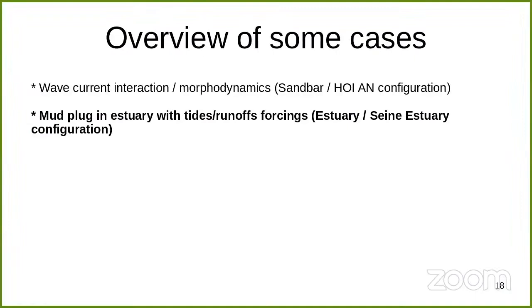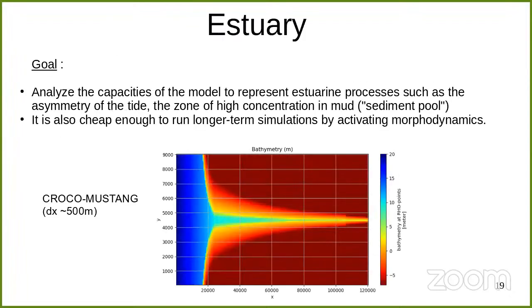Another thing, it's the study of sediment pool, as Rashid talked about before, in estuary environments, depending on tides or runoff forcing. In this case, we have, as I said, the analytical test case estuary.